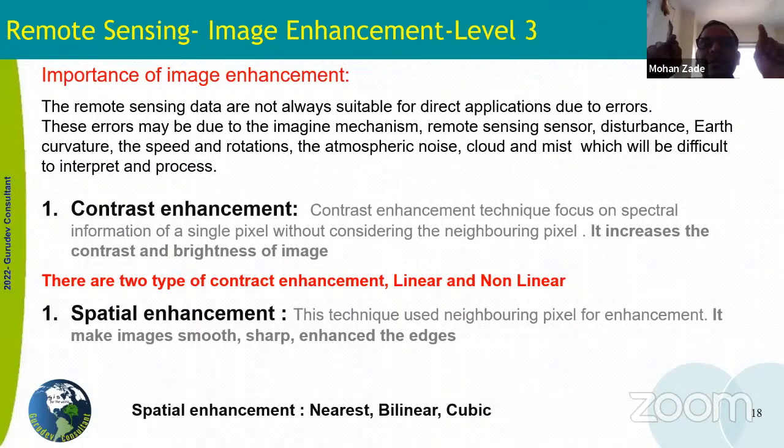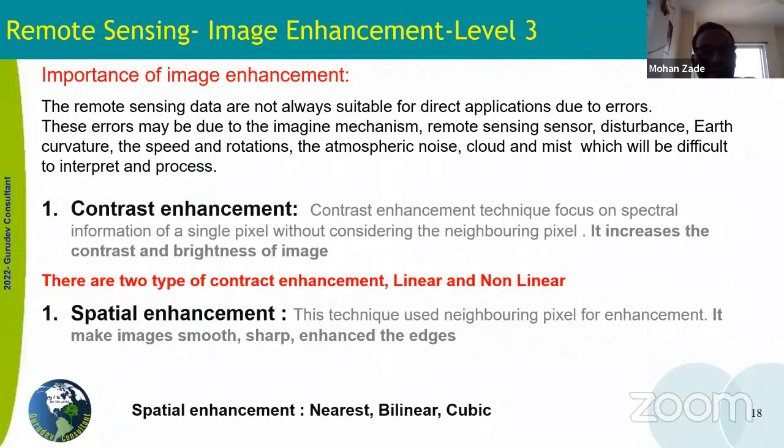There is a facility in many of the software packages where you can change the histogram and see the visualization of those images. Those are known as contrast enhancement. Some are linear and some are non-linear. Linear means the minimum and maximum will be accommodated into a fixed band, and non-linear means it will distribute it in a few groups and then it will be shown in the images.